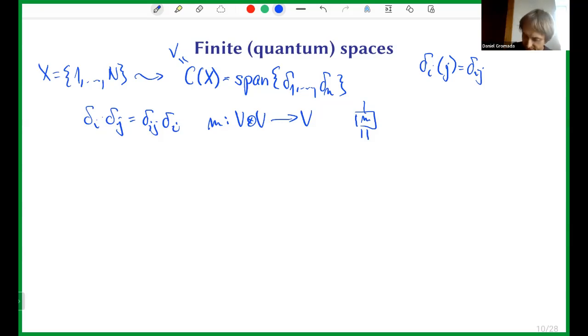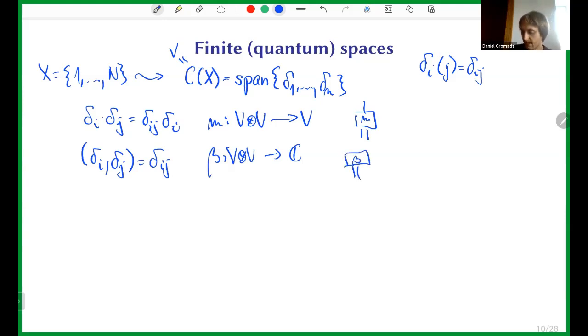I can define this in the obvious way, taking delta i times delta j equal to delta ij. So this is again a map from V tensor V to the complex numbers. And again, that's just a black box with two inputs and now no outputs, since the outputs are just scalars.